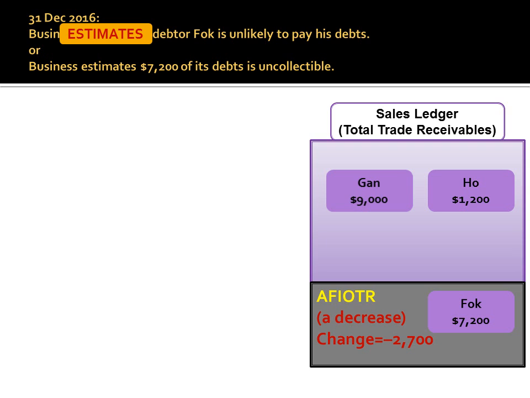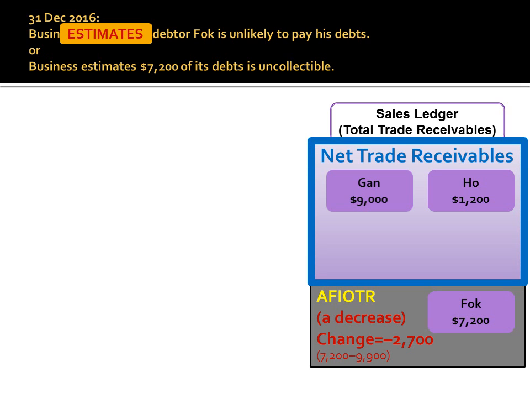The decrease is a negative change of $2,700. Recall that before this adjustment was made, there was a balance of $9,900 in the allowance for impairment of trade receivable account, made up of Gun and the overestimation from Ing. However, after the new estimate is made, there is now a decrease of $2,700 in the allowance for impairment of trade receivable account.